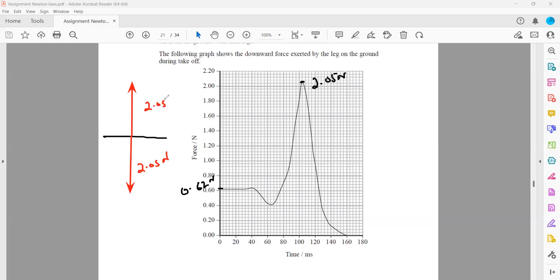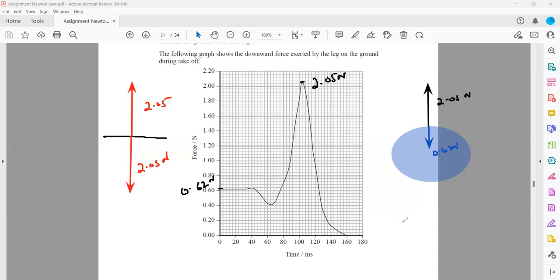According to Newton's third law, forces act in pairs. Now with reference to Earth, the weight of the bird we can get by its mass times g, like 0.063 or 0.062. That is the weight of the bird. And the upward force on the bird is 2.05 Newton.